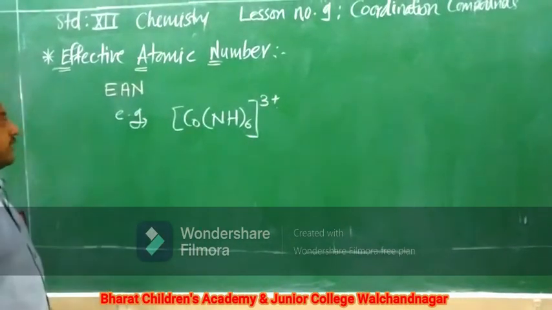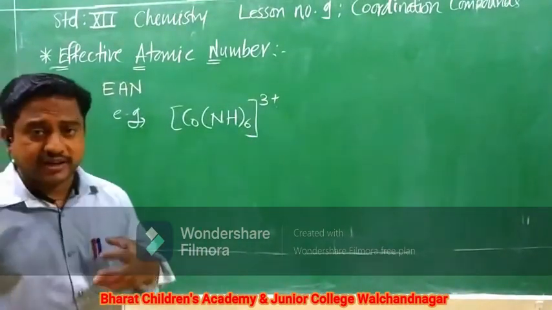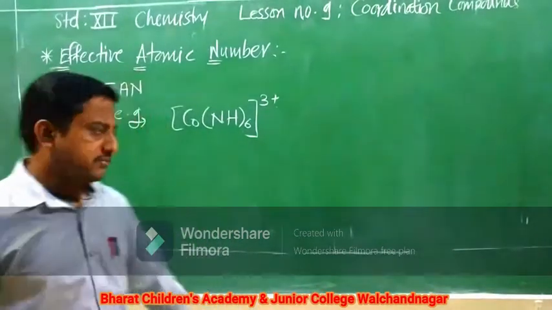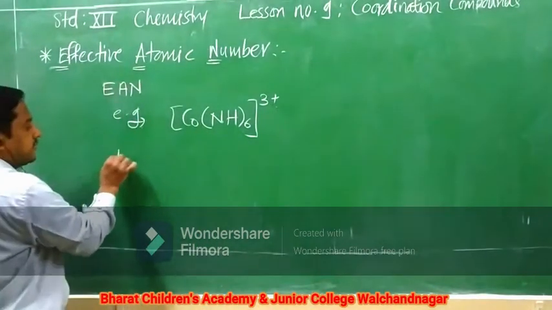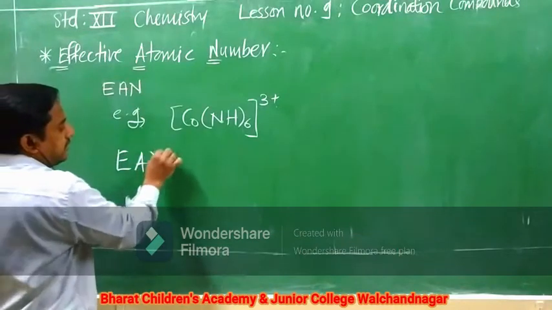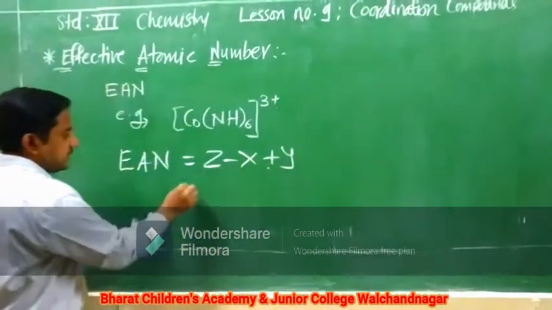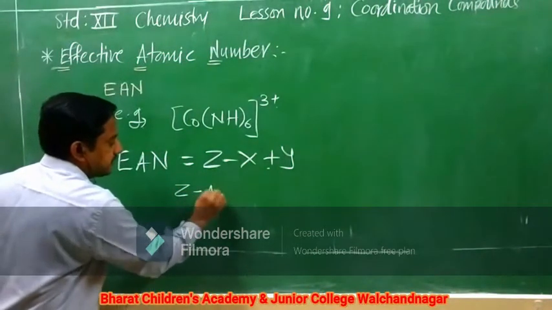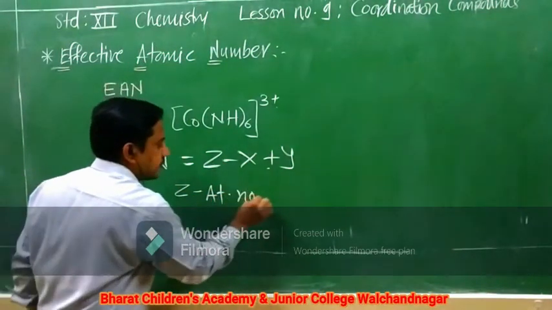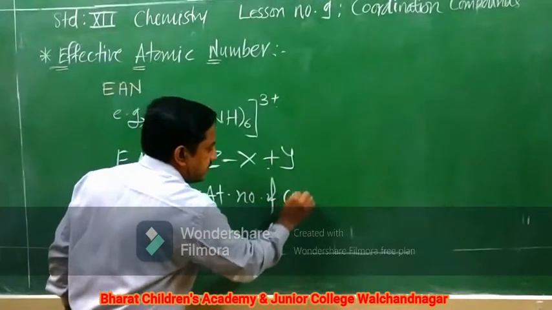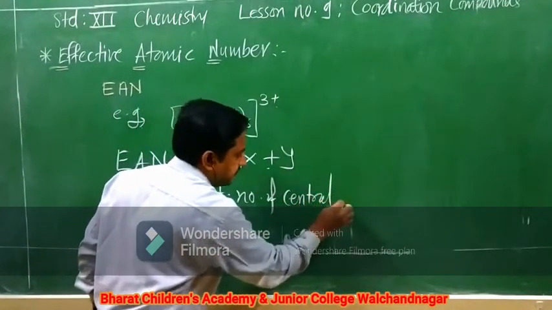Now we'll try to find out the effective atomic number. And the formula to find out the effective atomic number is Z minus X plus Y. Here Z is atomic number of the central atom, central metal.